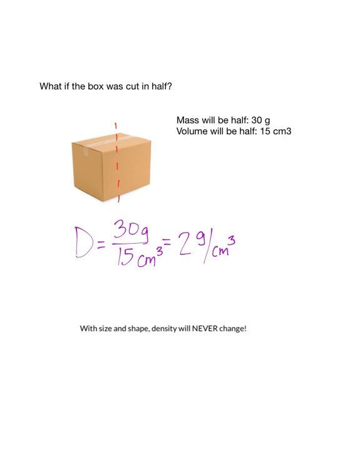So it doesn't matter what size this box will be, because it is made of cardboard, the density will always remain the same. Obviously I made up these numbers, so this may not be the exact density of cardboard, but just know that the density of an object will never change. It will always be the same as long as it's made of the same material.